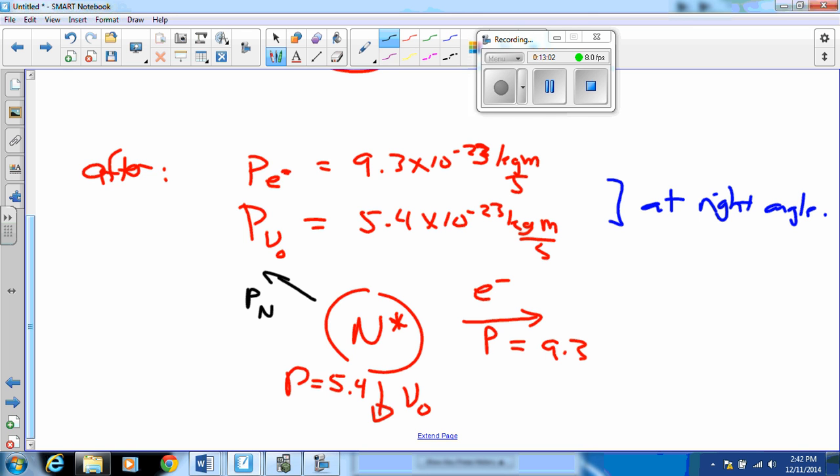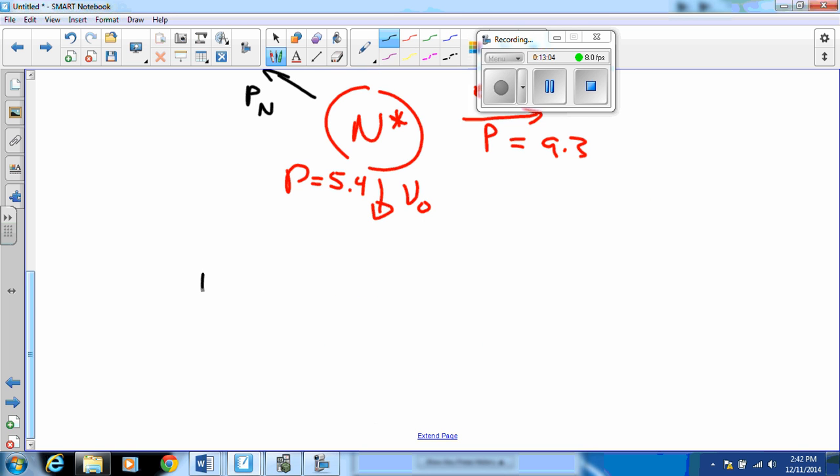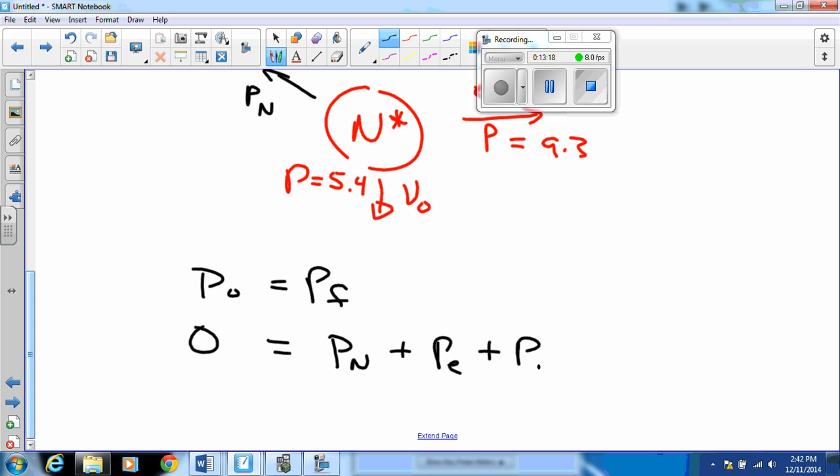Now let's actually do the computations here. The big idea, P0 equals P final. And the original momentum is 0. And we're going to go through and add up object by object. The nucleus plus the electron plus the neutrino.